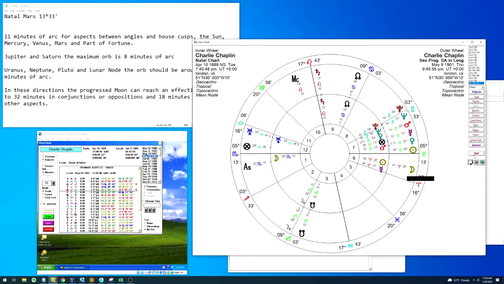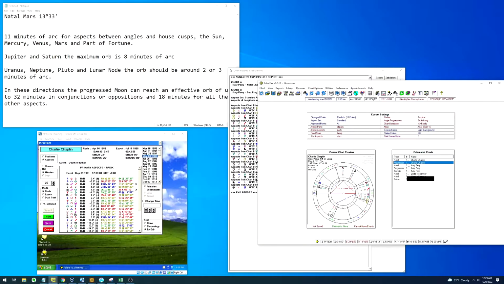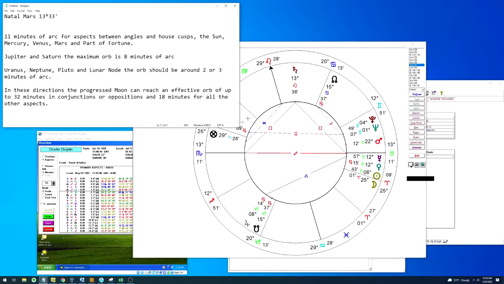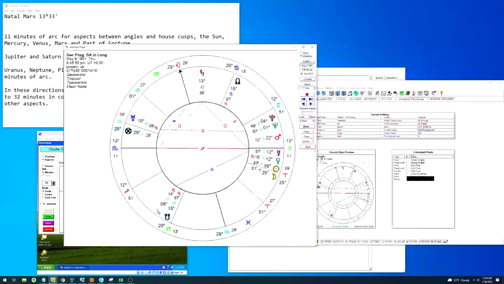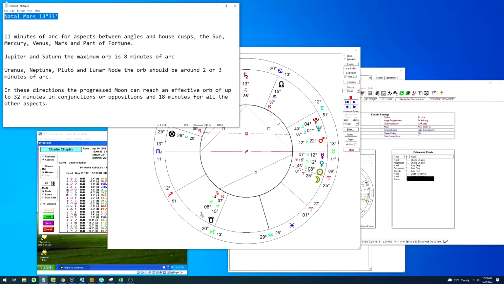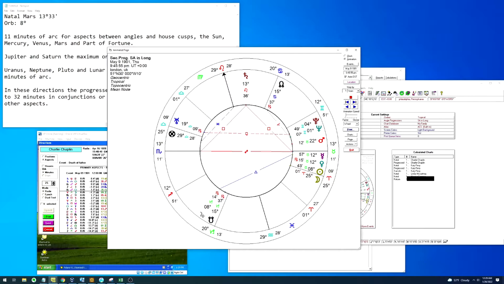So the problem here is, look at how slow the movement of Saturn is if we animate this chart. Now let's remember here that the natal Mars of Charlie Chaplin is at 13 degrees and 33 minutes. And we said our orb is 8 degrees for these kinds of aspects, because it's Saturn and Jupiter, 8 degrees.